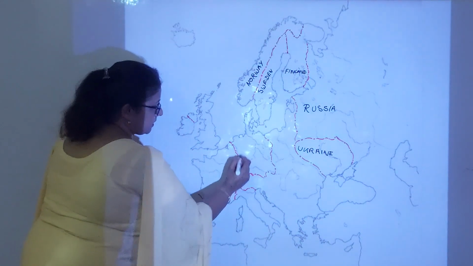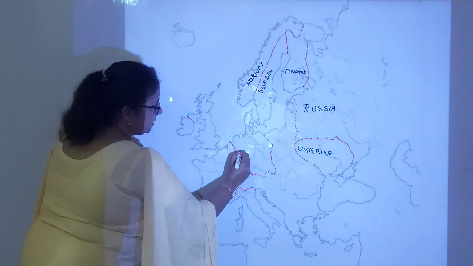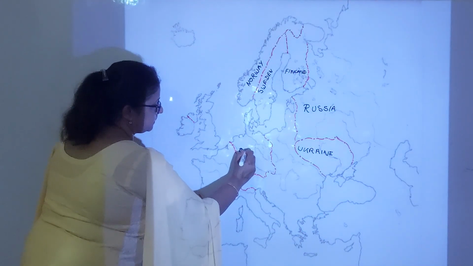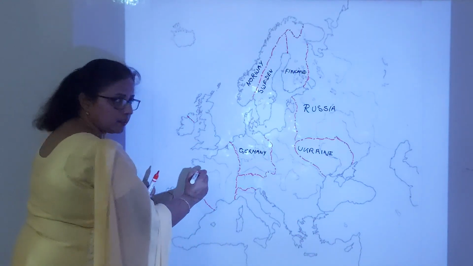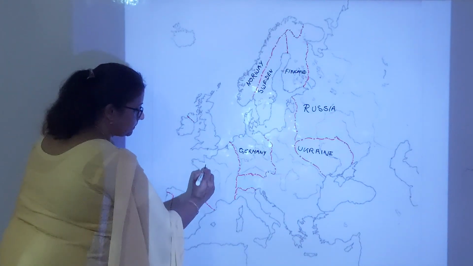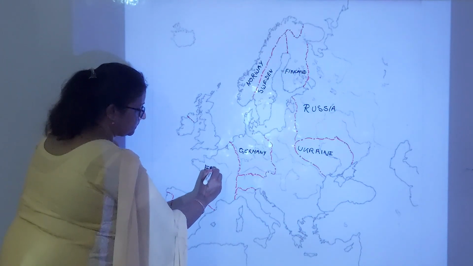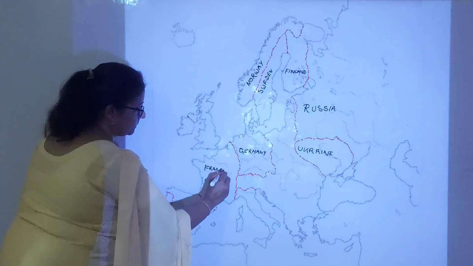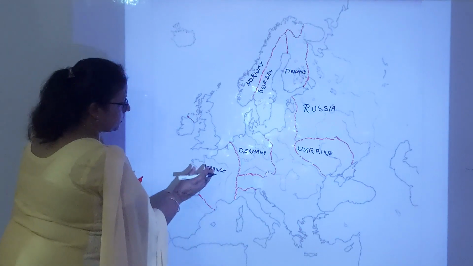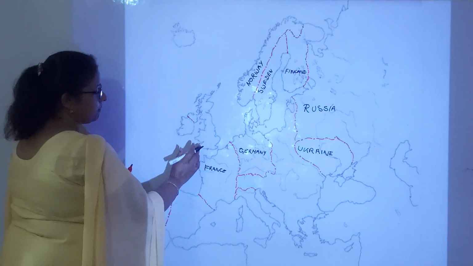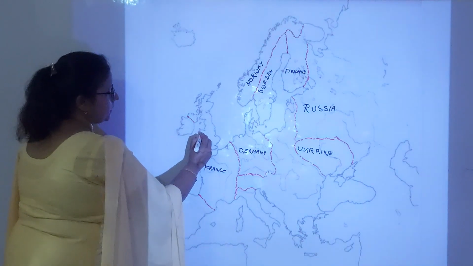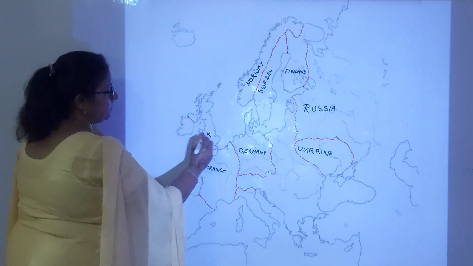Towards the west, we have over here Germany. Adjacent to Germany, we have France. Just towards the northern part of France, we have the United Kingdom.